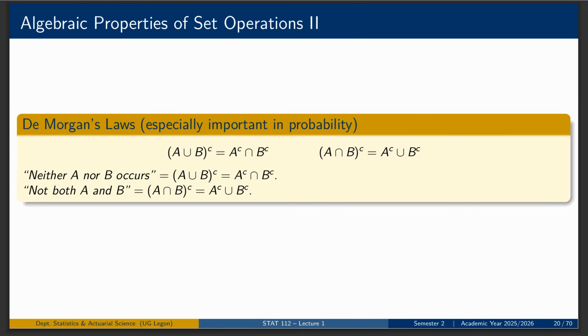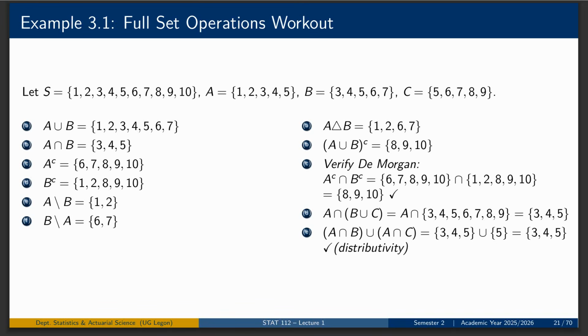That neither A nor B occurs will be the complement of A union B, which is the same as A complement intersection B complement, and not both A and B will mean the complement of A intersection B, which is A complement union B complement. So please take note of this, as we'll be using it in probability later on.